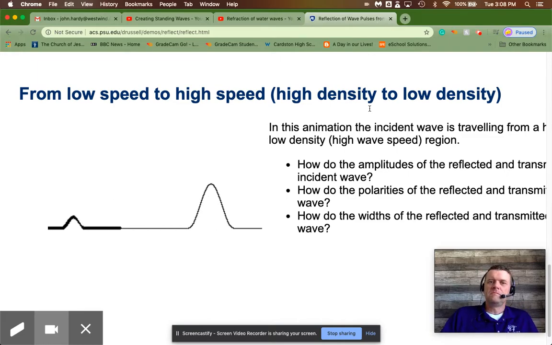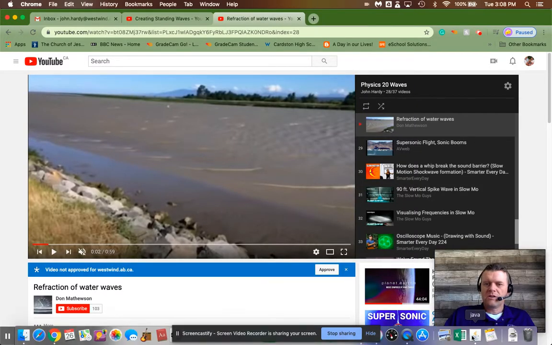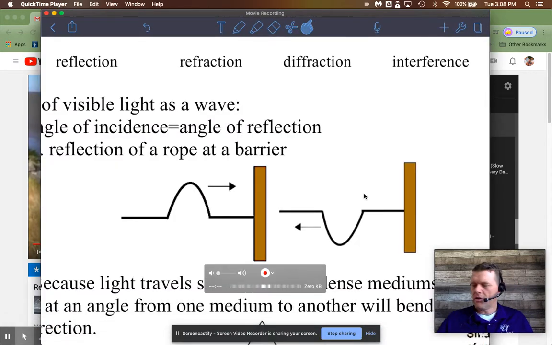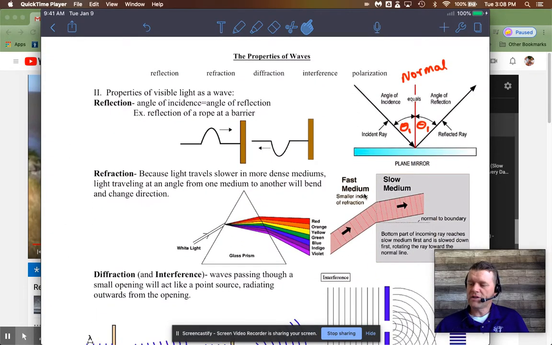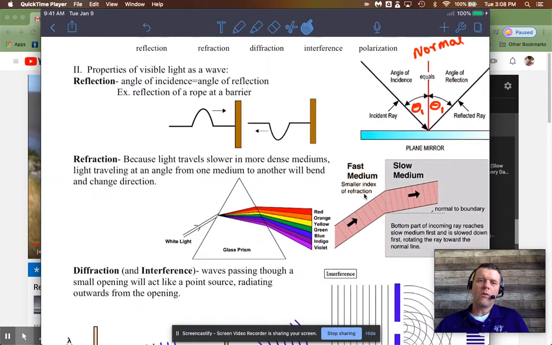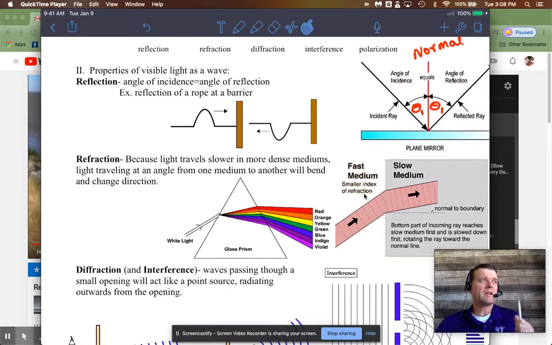Anyway, here, let me pull this back up. So those are some of the principles associated with reflection. Now, refraction is all based on the truth that light, or anything that travels in waves, so sound waves, light waves, water waves, they travel slower in more dense mediums, okay?